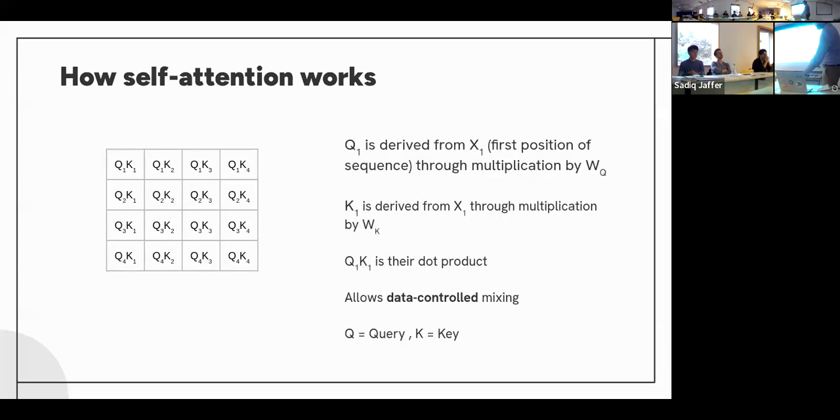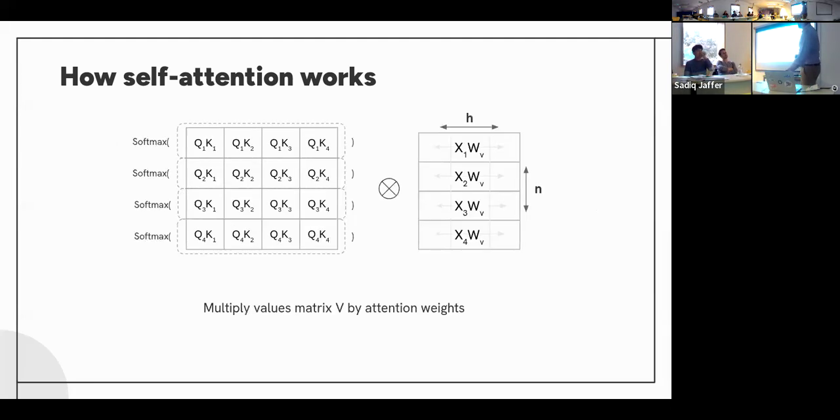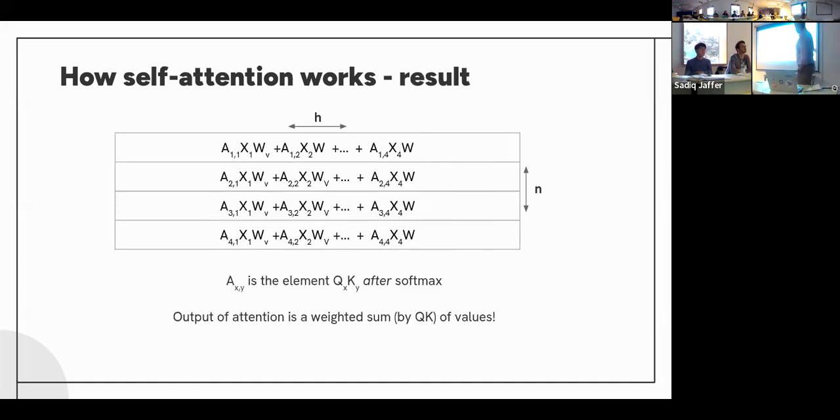right? So we've taken this QK, so each one of these is a dot product of the query keys. Then we've taken the softmax of each one, and we've multiplied it by the matrix V, right? So the first row is the embedding at position 1, multiplied by the WV, right? And so this is V1, V2, V3, and what this ends up doing is it means that the output is A_xy, the element Q_xK_y after softmax, right?